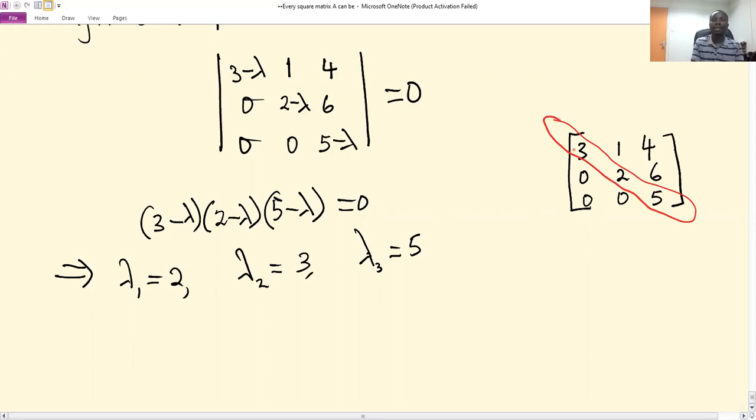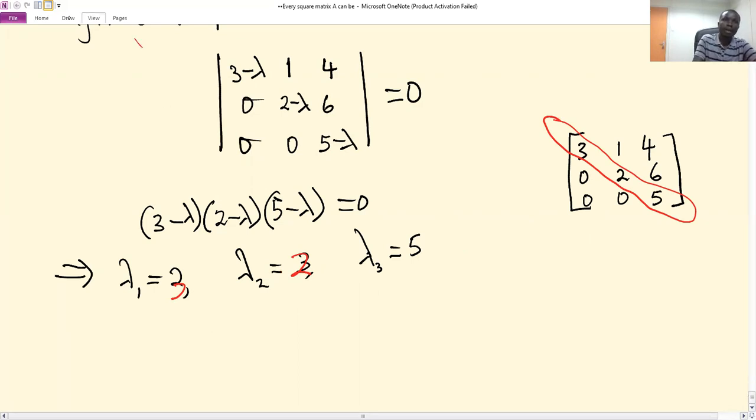You simply pick the elements along the main diagonal. So, just to keep that order, we can say lambda 1 is 3, and then lambda 2 is 2, and then 5.